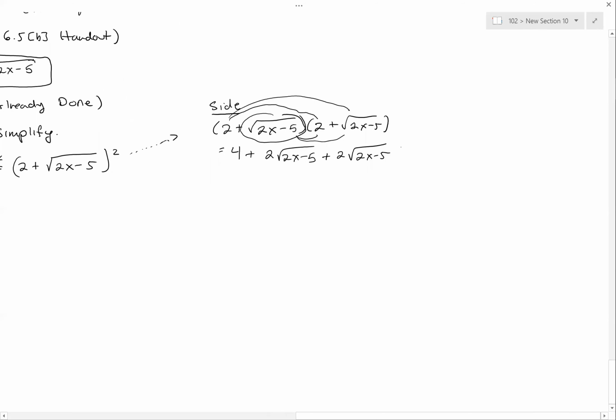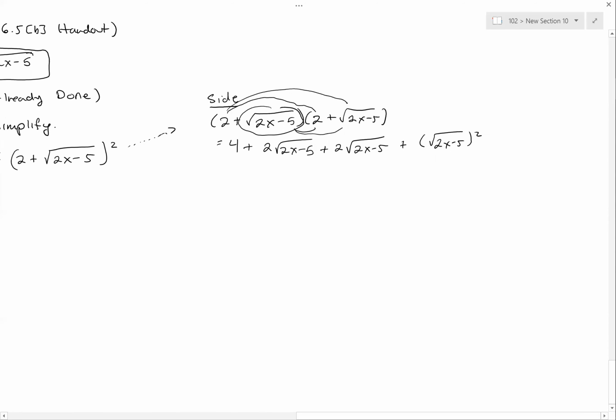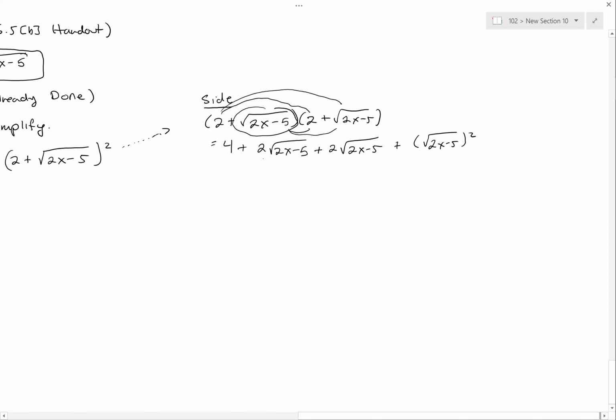Then that last term, since I'm multiplying the square root times itself, and this is what's going to happen for a lot of the problems, you're actually squaring it. So take a lot of care here in making sure you're multiplying this out correctly.